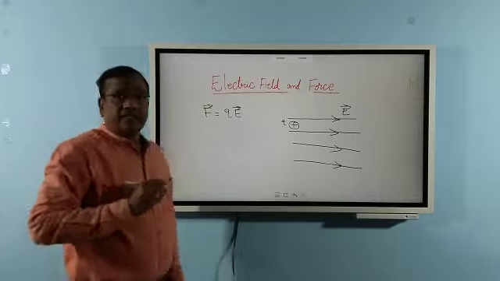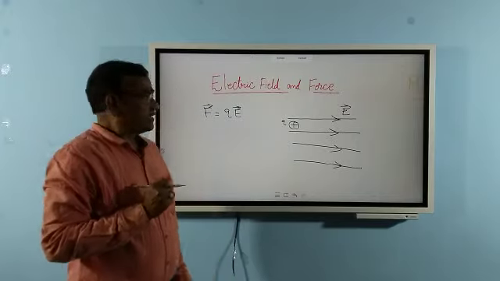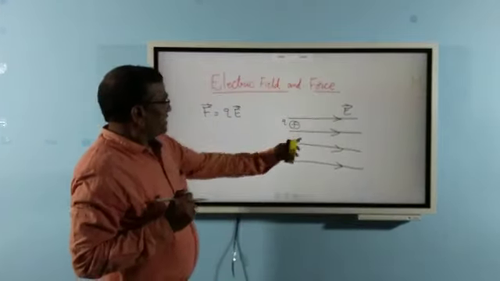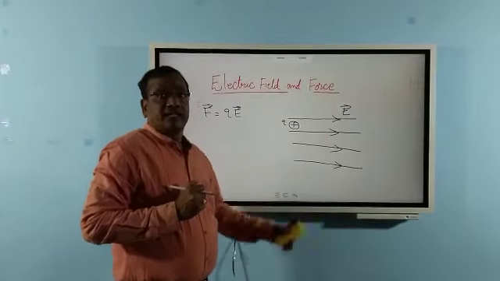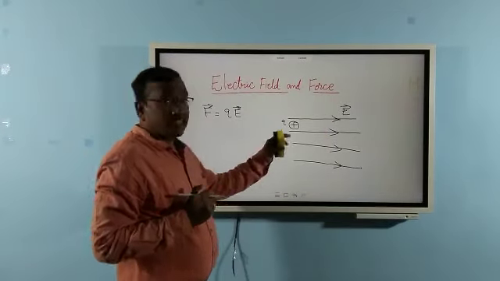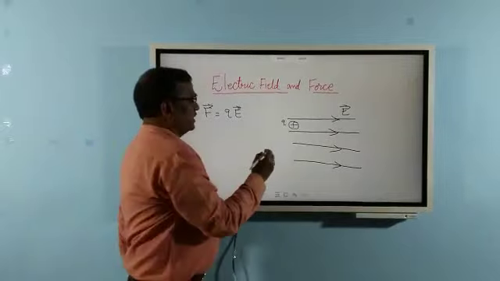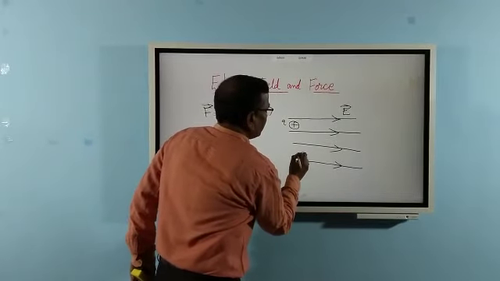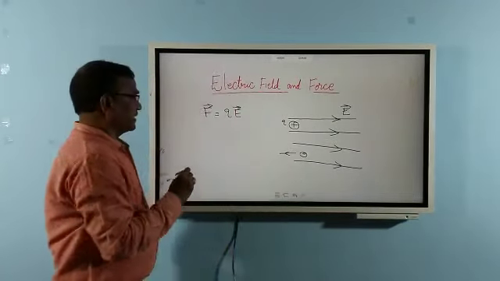Here F and E are both vectors. The force experienced by the charged particle will be in the direction of the electric field in the case of a positive charge. In the case of a negative charge, for an electron or a negatively charged particle, it will be against the direction of the electric field.